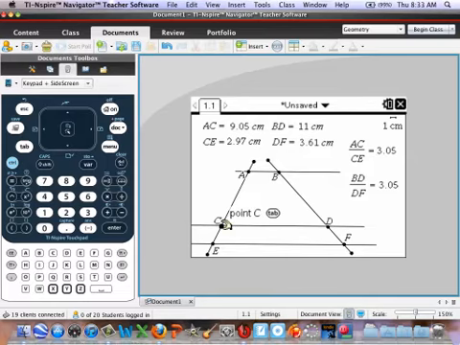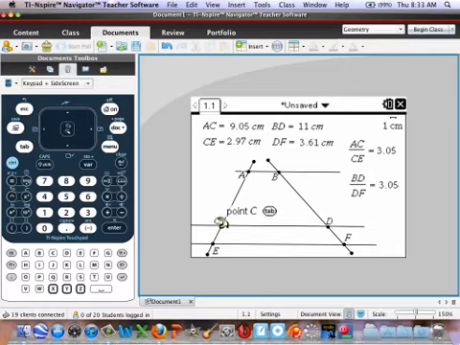But what's neat here is I want you to look at the ratios over here on the right hand side. If you look at the ratio of AC to CE and the ratio of BD to DF, what do you notice about the ratios? In our case at this moment, they're the same.